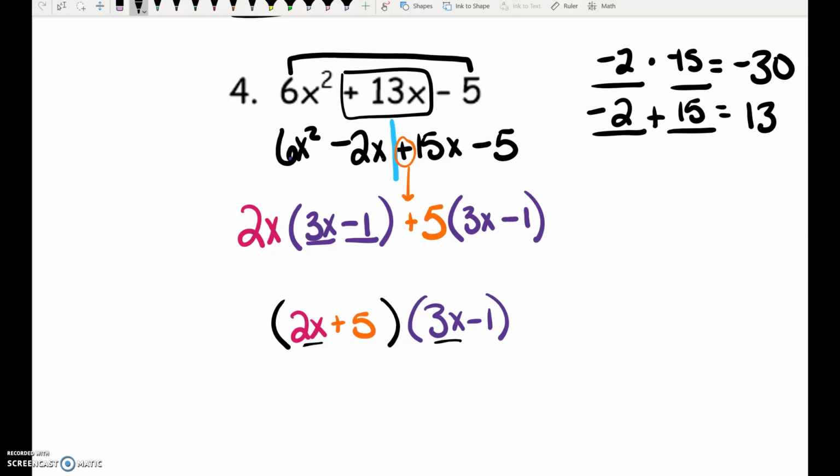So guess and check can be a little frustrating on this problem, because if you said, I think it's going to be 6x and x, then you wouldn't be able to get the pieces to all fit together correctly. But if you decided it was 2x and 3x, then the pieces would fall together. So sometimes guess and check can be a little frustrating. Factor by grouping is always going to work no matter what. So find your pair of numbers, split your middle term, factor by grouping, collapse it down.